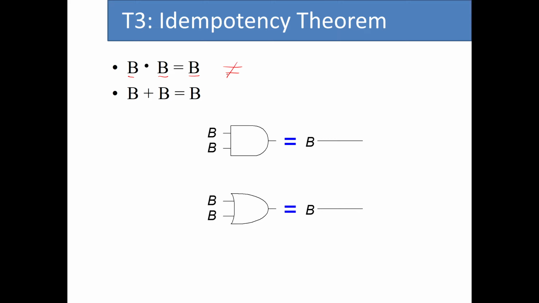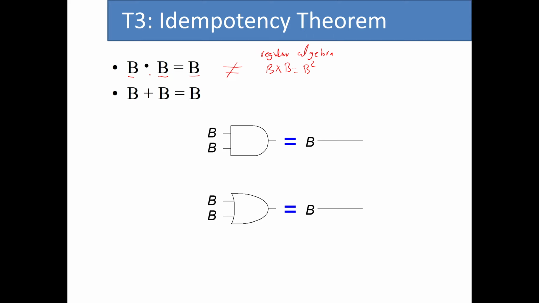So let me just say this is not equal to regular algebra. In regular algebra, if you had b multiplied by b, the answer was b squared, right? But in Boolean algebra, ANDing b with itself results in b.